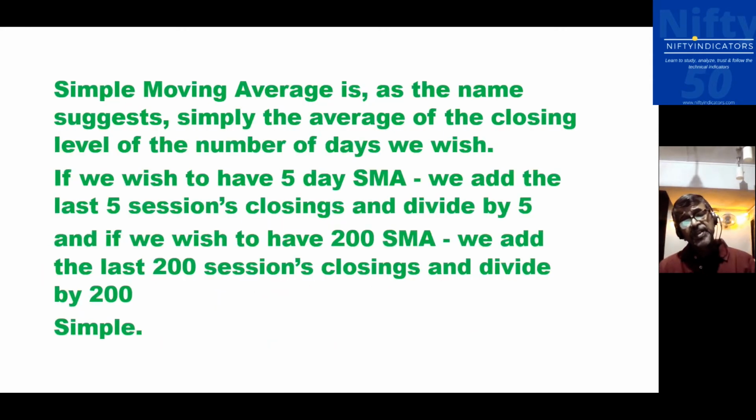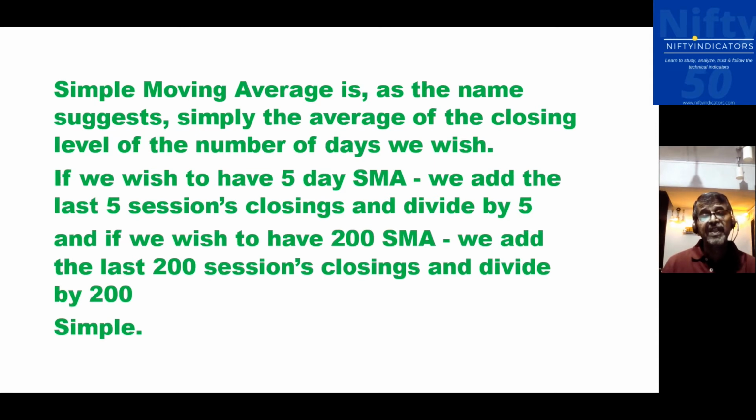Simple moving average is actually simple. It is like any average. If we want to find out the last 10 days moving average, we will take the total of the last 10 days' closings, sum it up, and divide it by 10.